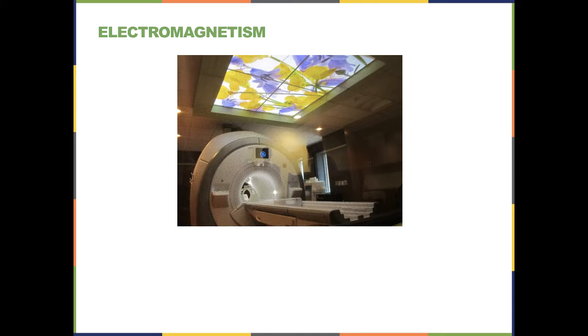Now, electricity produces magnetism. An electromagnet or electromagnetism is the use of electricity to produce magnets or magnetic fields. This picture here is an MRI machine or magnetic resonance imaging machine. The outer part is a huge, very powerful magnet.